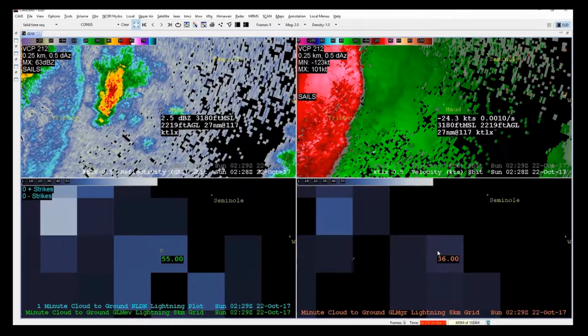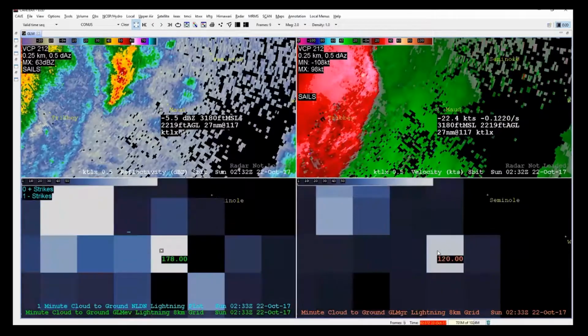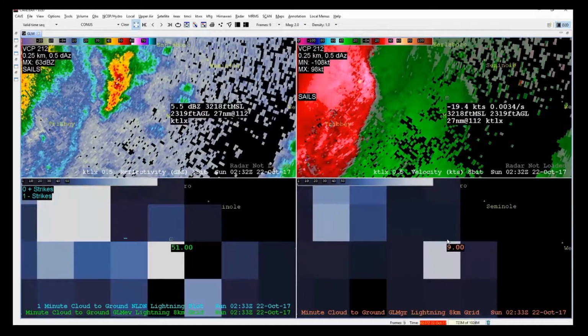I'm not clear, and maybe Scott or Steve knows this better, whether what we're seeing here is an artifact of the attempt at parallax correction in the GLM, or some other mapping error, or a combination of both?